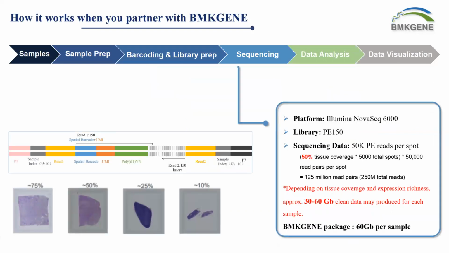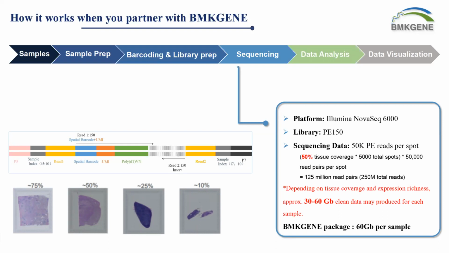So once we have the libraries ready, normally we put them onto an Illumina NovaSeq sequencer and perform P150 sequencing. The data recommendation here is that we need at least 50,000 reads per spot to make sure that we recover most of the information.